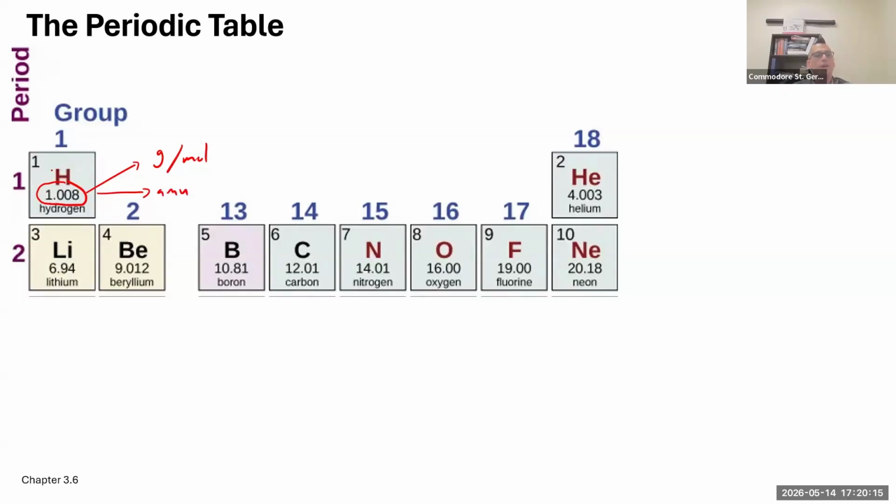But look at this. How come this one has 4 digits? This one only has 3 digits. How come this isn't 4.00 or 4.0031379, right?